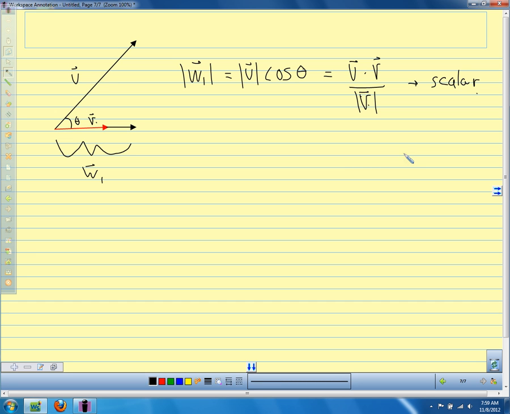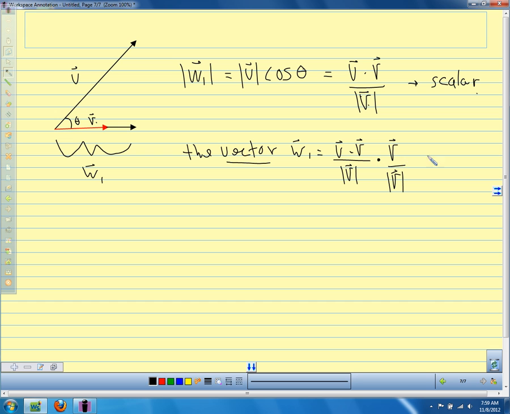Multiply it by a unit vector in the direction of V. So to get the vector quantity, I'm going to take this scalar magnitude, that's the length of this vector W1, and multiply it by the unit vector in the direction of V. So the vector is going to be U dot V over the length of V times V over the length of V. That's our unit vector in the direction of vector V.